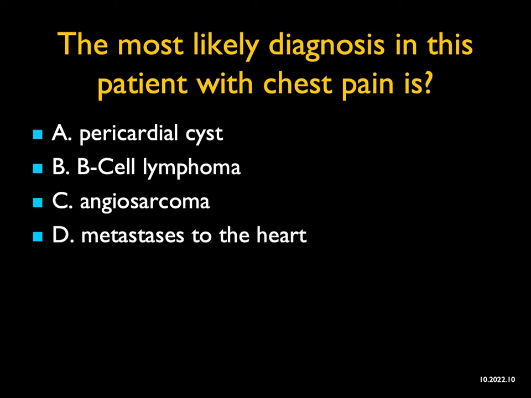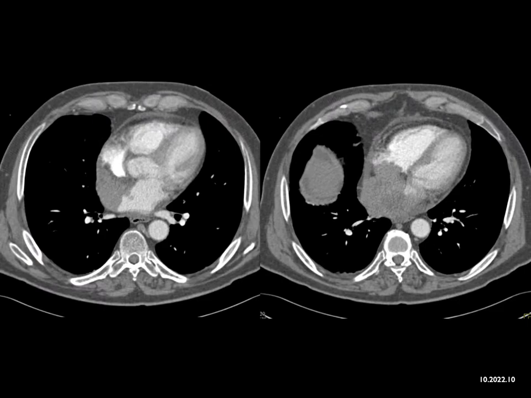The most likely diagnosis in this patient with chest pain is there's a mass infiltrating in the region of the right atrium and left atrium. It's bulky and extensive. What could it be? Well, it's surely not a pericardial cyst, which is fluid density and non-invasive. Angiosarcomas are a thought because they commonly invade directly, but more commonly anterior in the right atrium, but I couldn't exclude it.